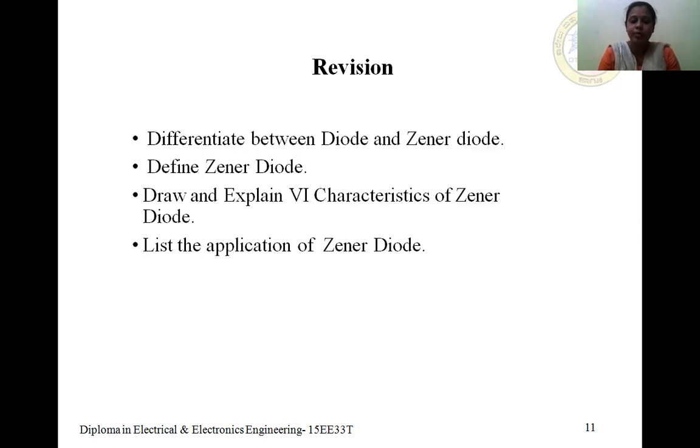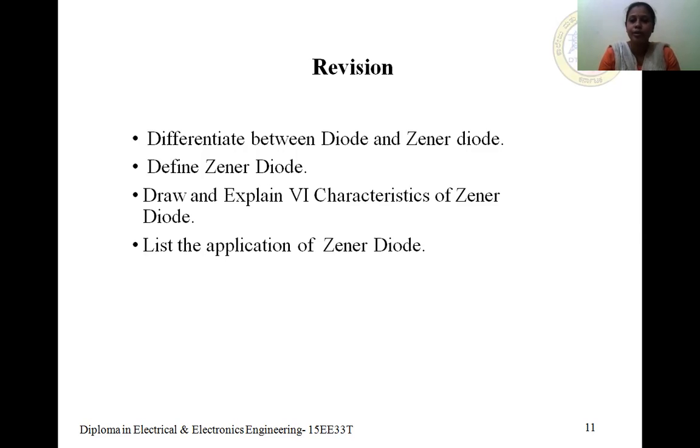Coming to the third point, when a large reverse bias voltage is applied, the diode gets damaged, whereas a Zener diode is especially designed to operate in the reverse biased condition.